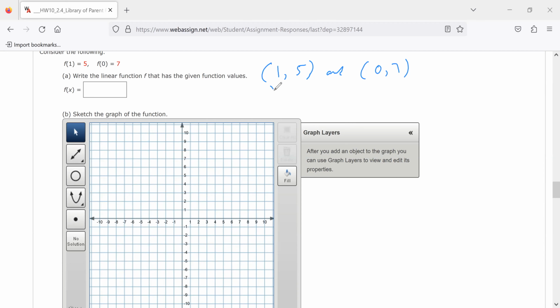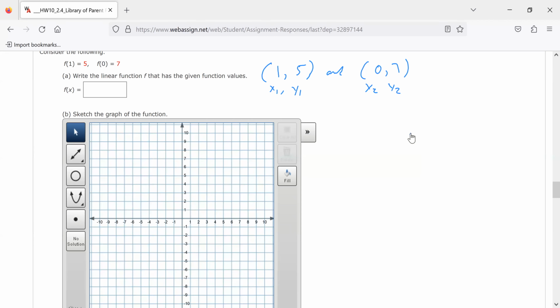We can call this x1, y1, and x2, y2. Now, the formula I recommend using, the easiest one, is this: y minus y1 equals m times x minus x1. So find m first.